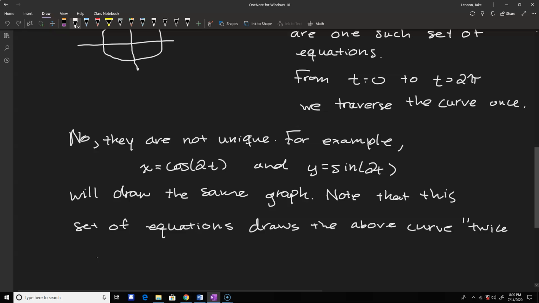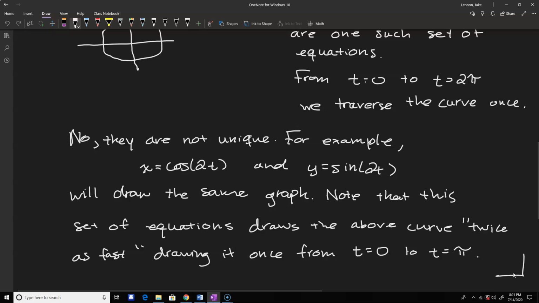If we're thinking about t as being in terms of speed, it would take 2 pi seconds to draw the curve with the first set of parametric equations, but now it will only take pi seconds, drawing it once, from t equals 0 to t equals pi.